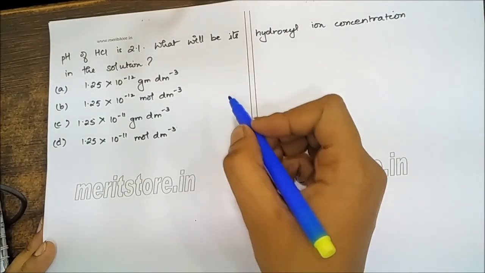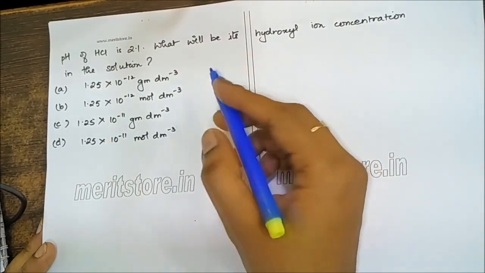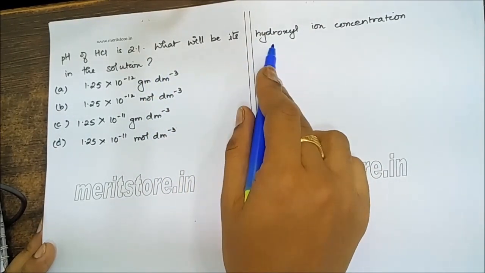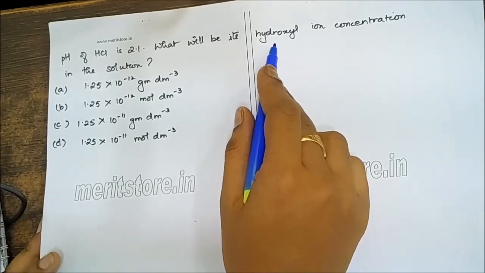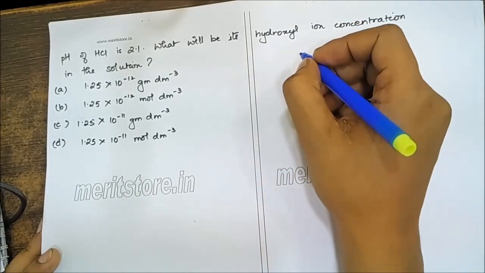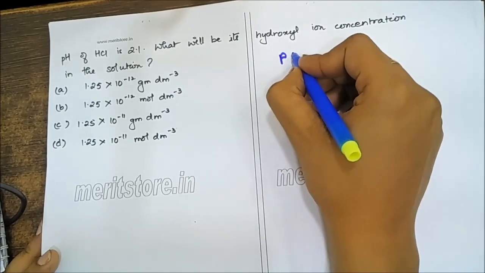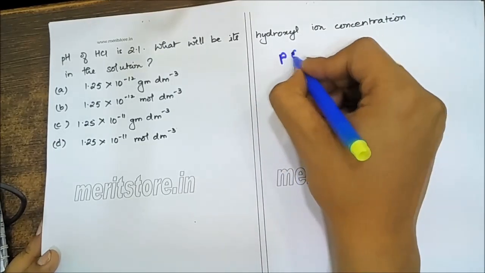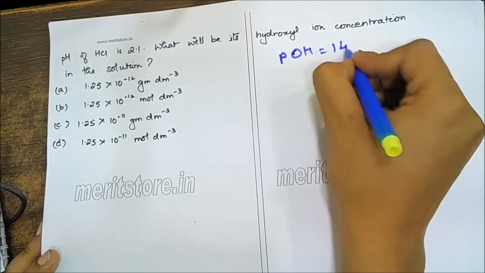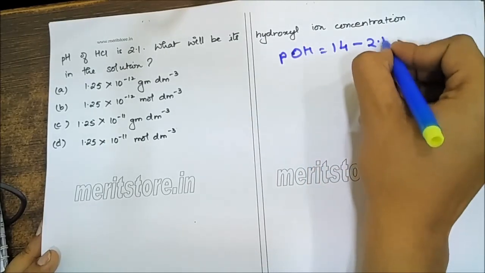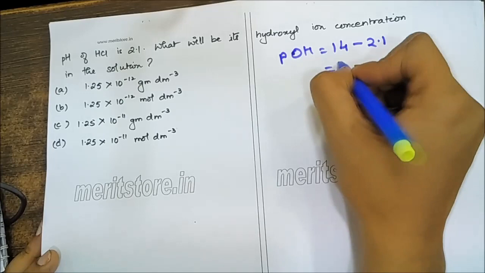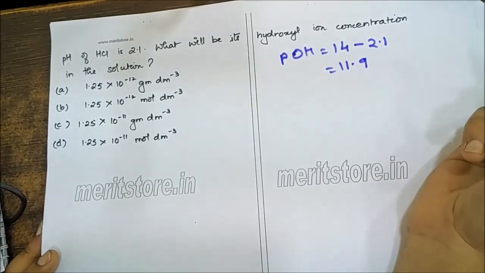pH of HCl is given to be 2.1. Now they are asking you the hydroxyl ion concentration. First of all, we know pH plus pOH is 14. So pOH would be 14 minus 2.1, which is 11.9.